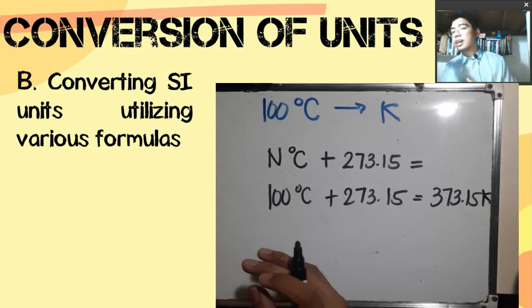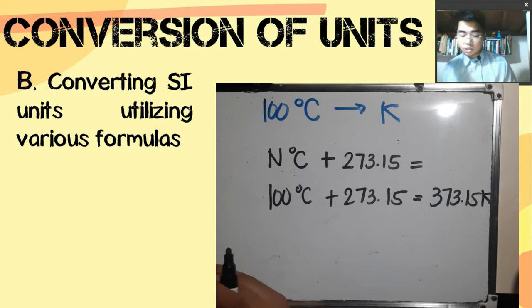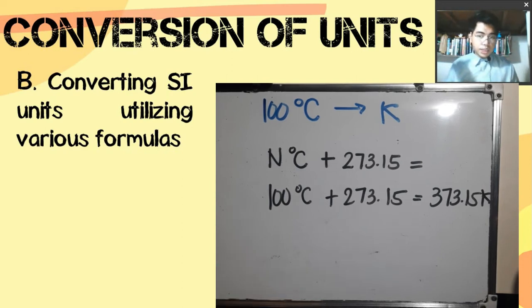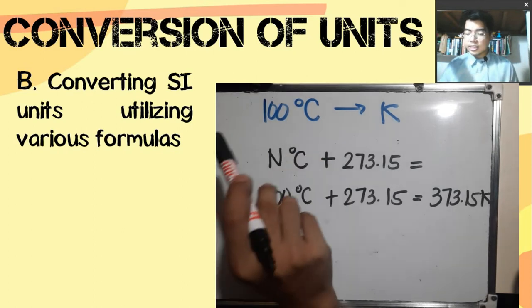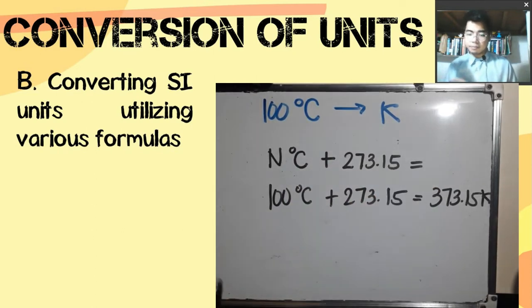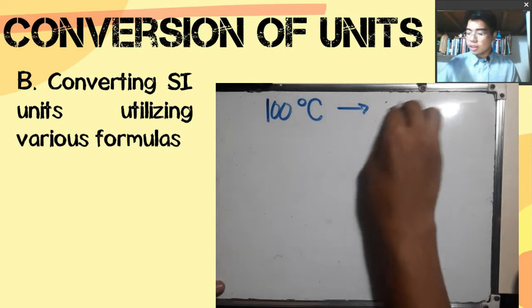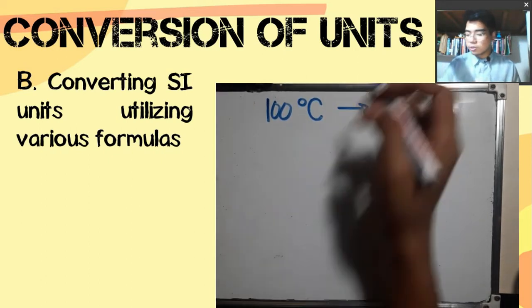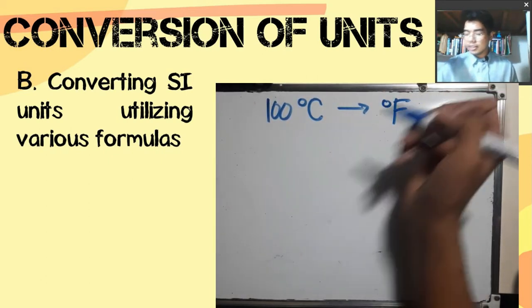Okay, so this is now our answer for letter B, number 1, part A. Degree Celsius to Kelvin. Now, how are we going to convert 100 degrees Celsius to degree Fahrenheit?